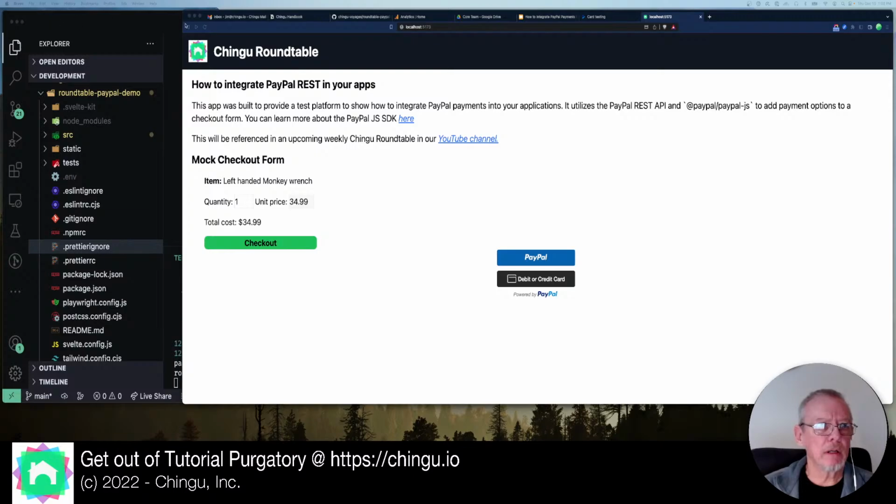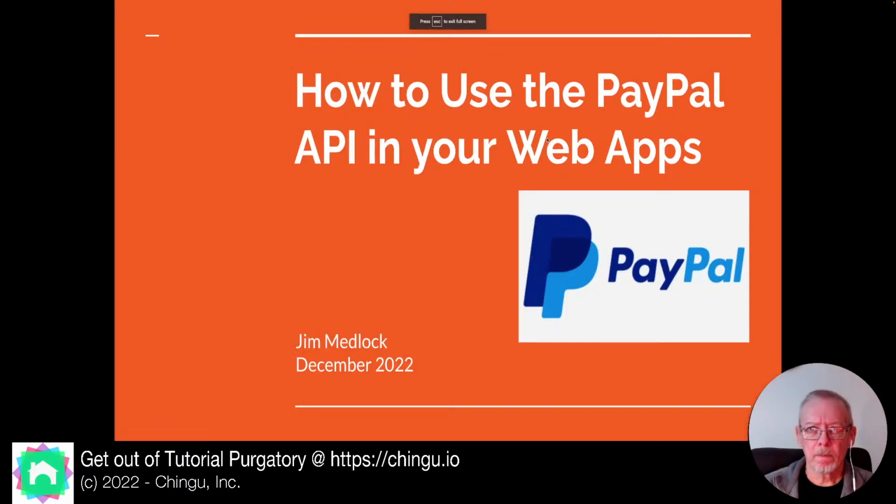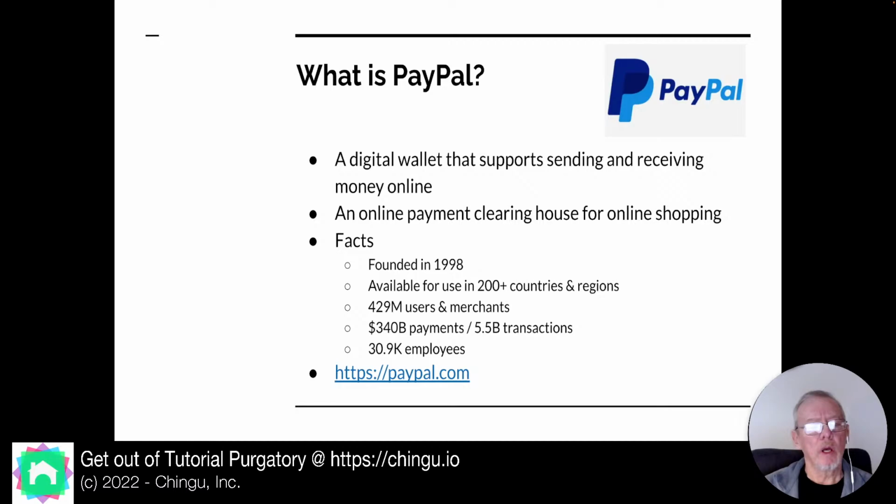I'm going to open up a quick slide. So again, this is what we're here to talk about today, using the PayPal API, and specifically the REST API. One question that comes up is, why would you want to do something like this? Well, outside of the obvious, I'm writing a commercial website that needs to accept payments from customers, just as a web developer who's learning the craft of web development, at some point you're going to get tired of doing to-do applications and recipe boxes and those kinds of things.